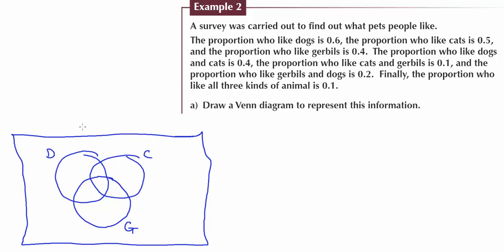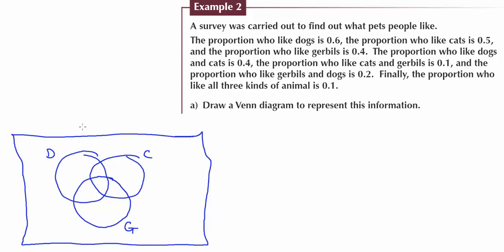Okay, so let's have a look at this. Now, here's the problem. Can you see there's one area in the middle which overlaps everything. Nothing else overlaps everything. For example, this one only overlaps dogs and cats, but gerbils are not included. Usually what we're going to need is to find this one. That's usually the easiest way.